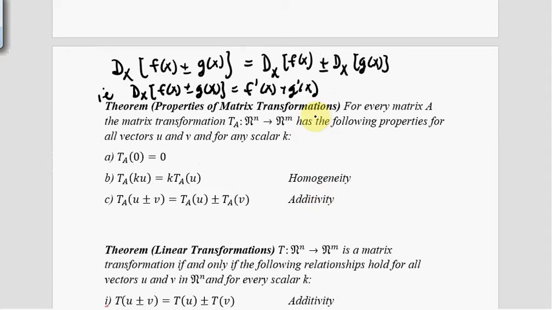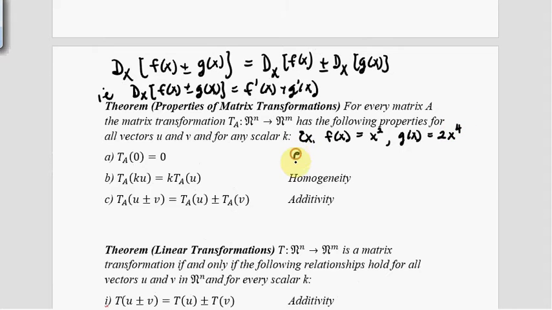Example. If f of x is equal to x, I don't want to make that x to the x, that's an interesting function. Say x squared, and then g of x is equal to 2x to the fourth.